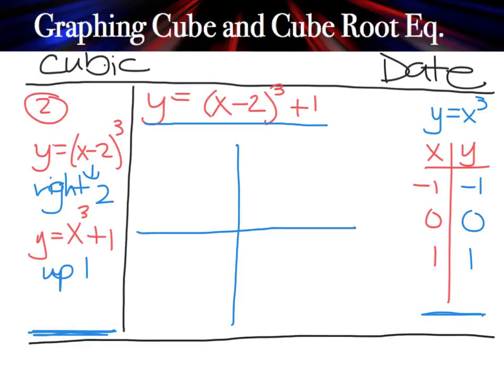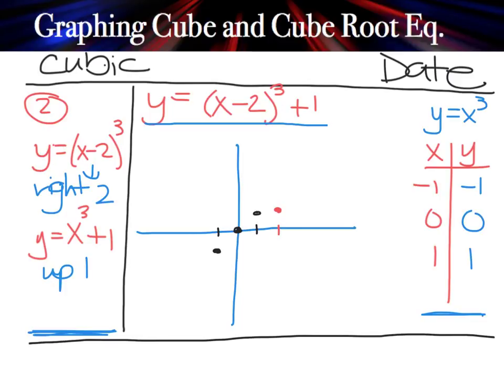Okay, so let's go ahead and plot our graph. So this is 0, 0, and 1, 1, and now we're going to shift all of these points right 2, up 1. I like to start with 0, because then I know where the middle of my graph is.